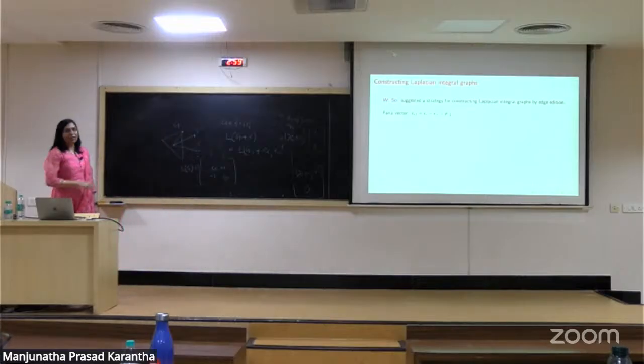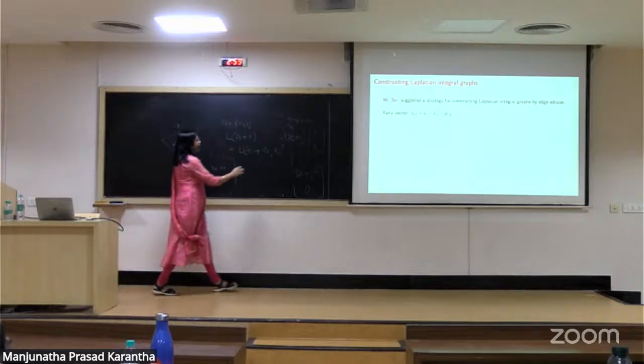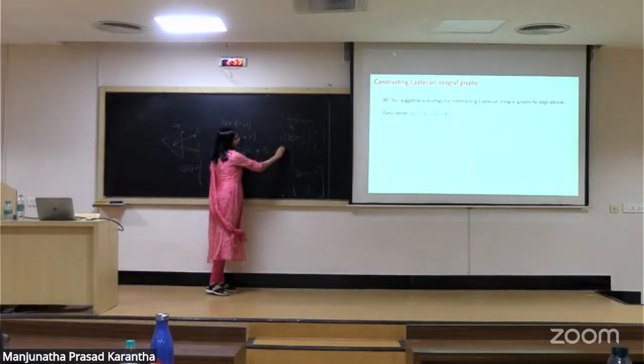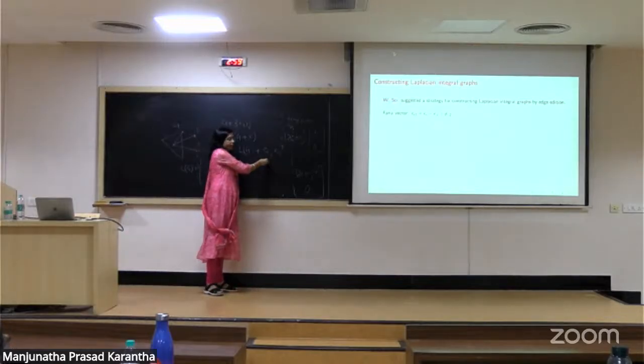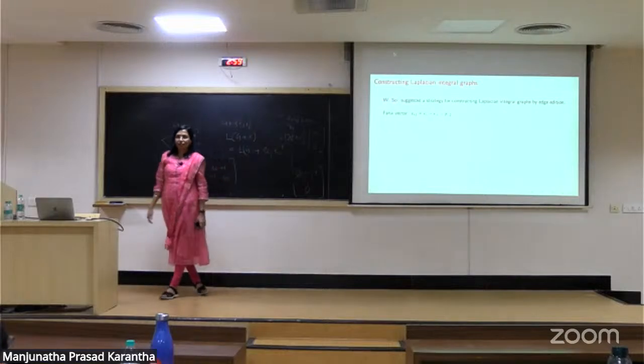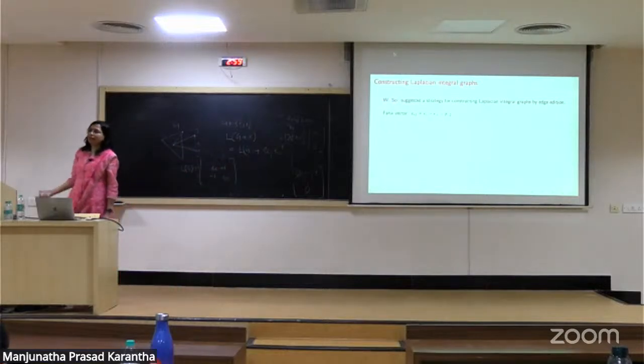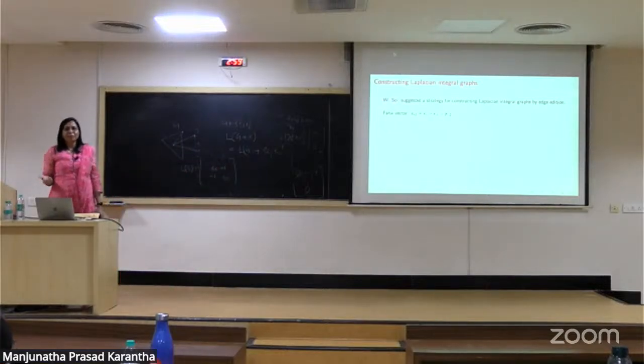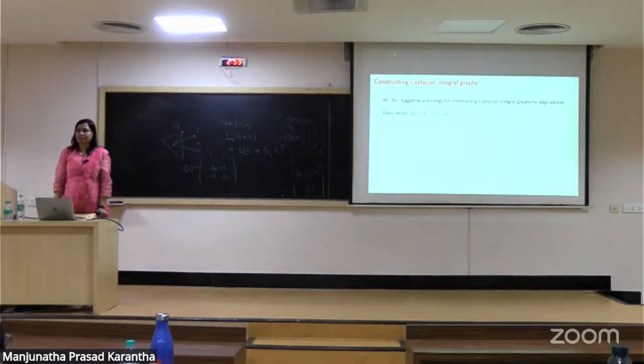I wrote it that way because you already know the positives and negatives. So this is e_ij times e_ij transpose, and this is a positive semidefinite matrix, right? This also we discussed: if some matrix can be written as B times B transpose, then the matrix will be positive semidefinite. So you are adding a positive semidefinite matrix to L_G to get L_(G+ij).